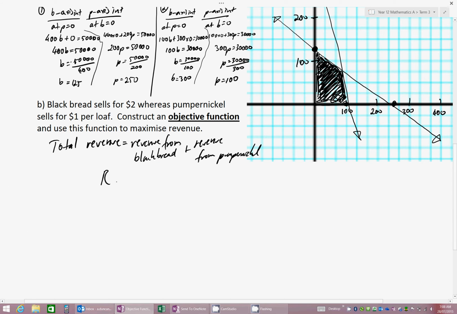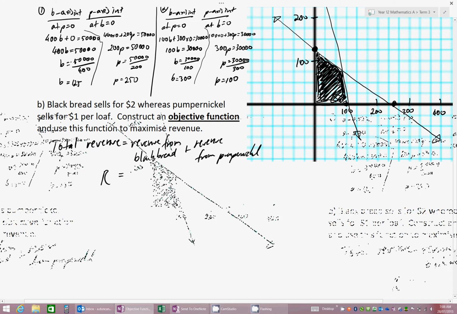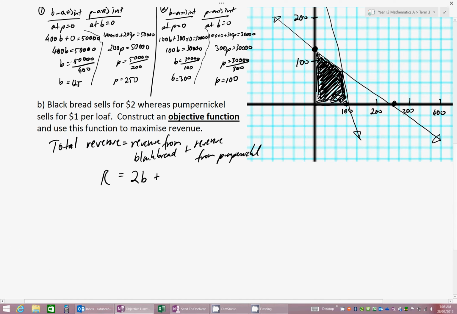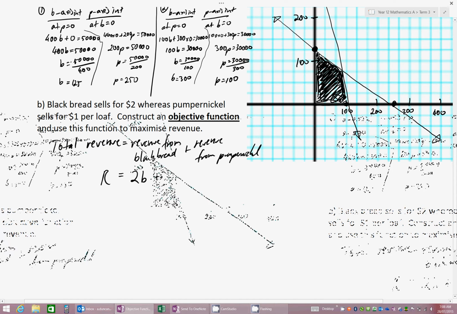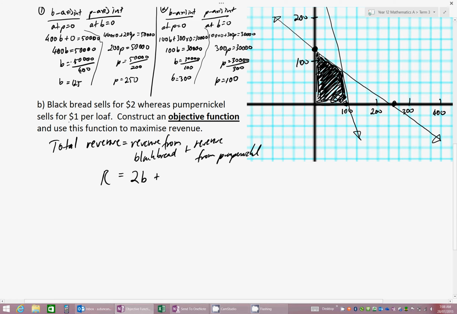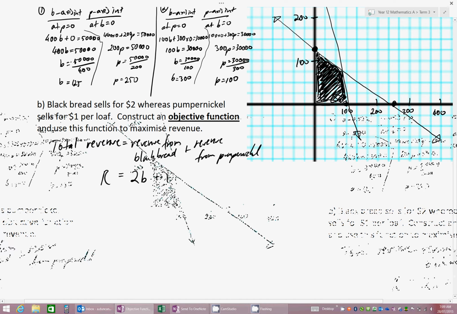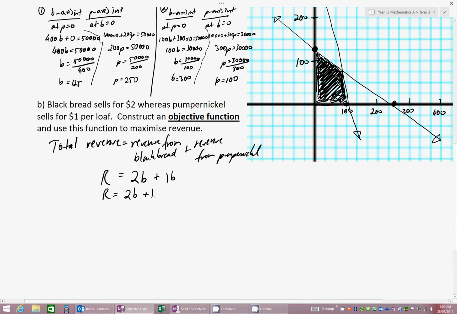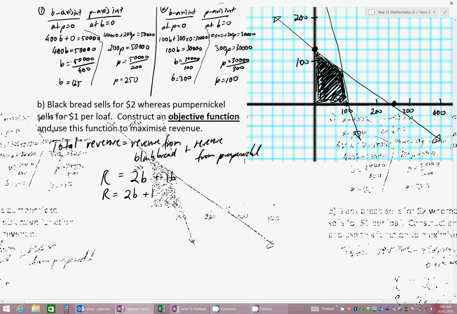Okay, so let revenue be big R. Revenue from black bread, well, black bread sells for $2 each, and we'll multiply that by how many black bread we sell, which is B. Revenue from pumpernickel, pumpernickel sells for $1 per loaf, times how many pumpernickels we sell, P. Okay, so our revenue is 2B plus 1P.